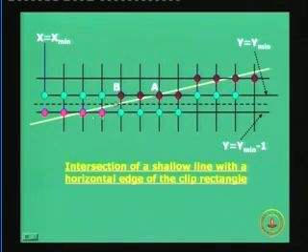If you are interested in clipping now, the problem which will first come is you will be tempted to find the intersection point of the straight line and the y equal to y min line, and that will give you the point A, because point A is the closest rounded-off integer value, as you can see in the figure, of the straight line and the horizontal clip line. So you will be tempted to start from A and shut off all the other pixels.